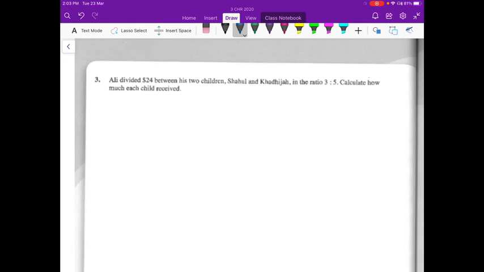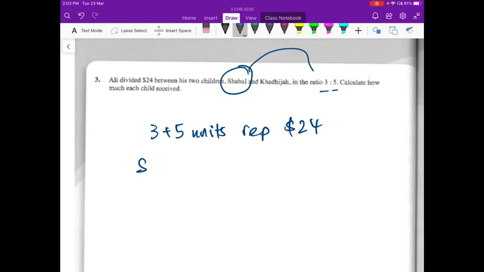So here we have 3 to 5. 3 plus 5 units represent $24. Calculate how much each child received. So the first person, Shahul, he received 3 units. 3 units represent 24.